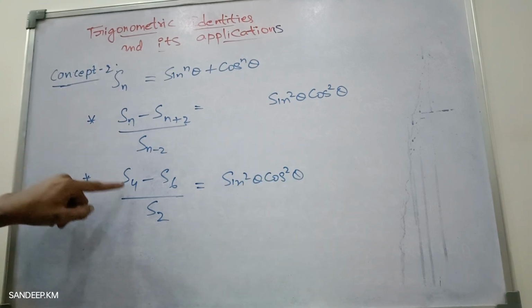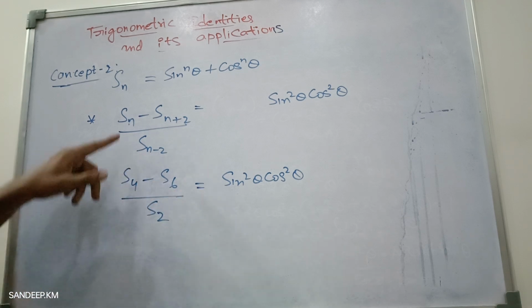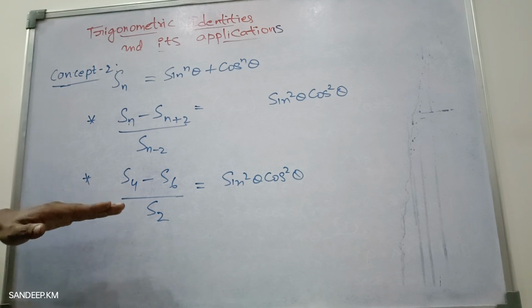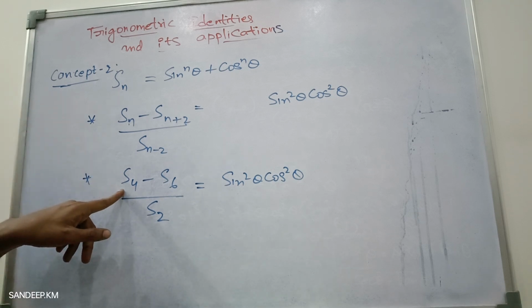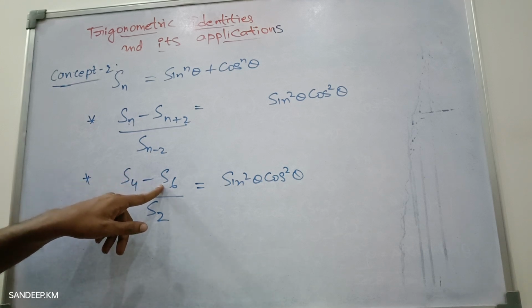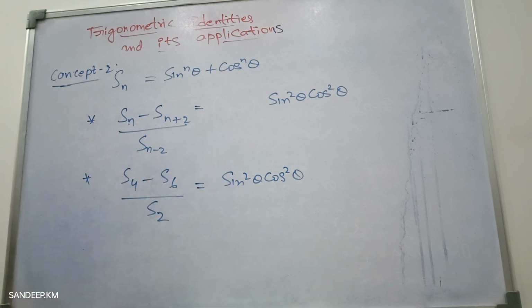You got it? If you want, you can verify it with the previous formula. S4 means sin power 4 theta plus cos power 4 theta, and S6 means sin power 6 theta plus cos power 6 theta, and S2 is sin square theta plus cos square theta. Substitute, you will get sin square theta cos square theta.